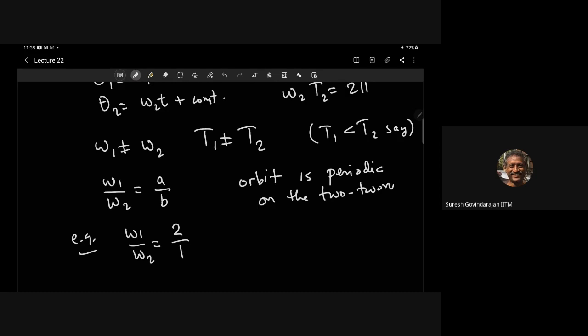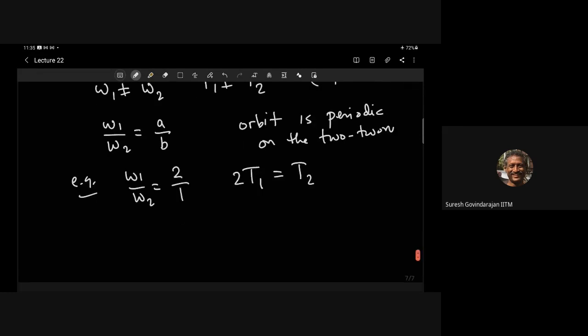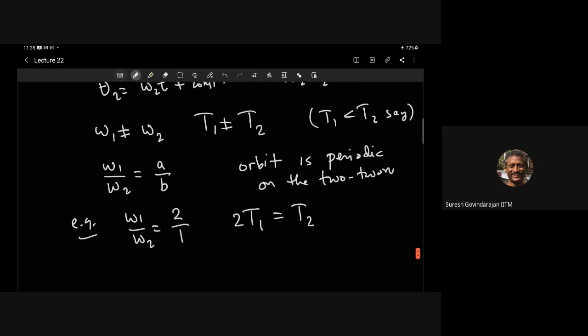So this implies that 2 T1 is equal to T2. Is this clear? This is correct. So it is true that if you wait till T1, theta 1 doesn't come back, but if I wait for 2 time periods, it will come back. So this is periodic with period T2.